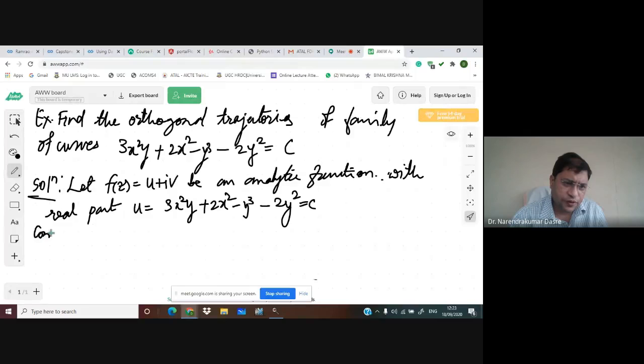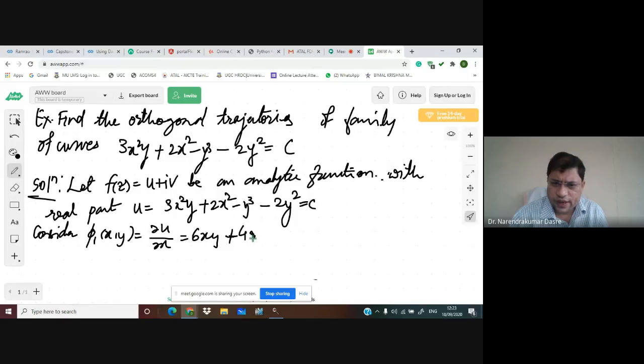So what we do is consider phi1 of xy is equal to dU by dx. So here we have 6xy plus 4x. The derivative of these two terms will be 0. Let this be equation 1.